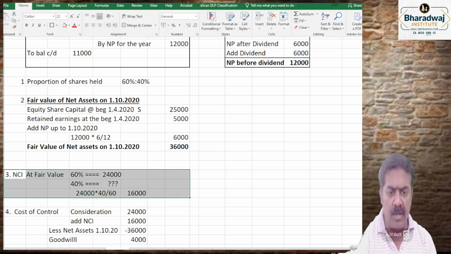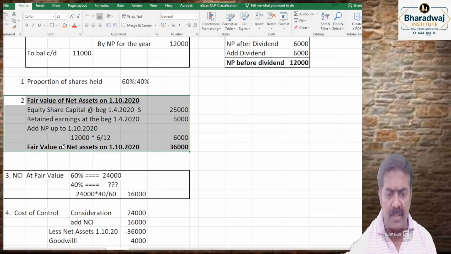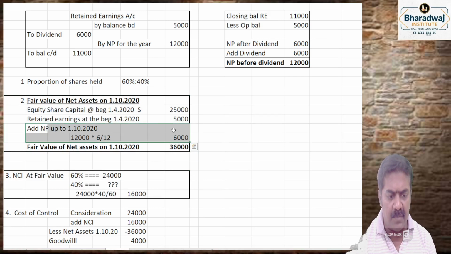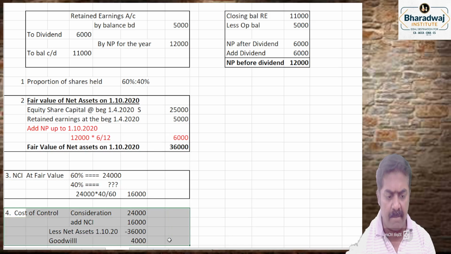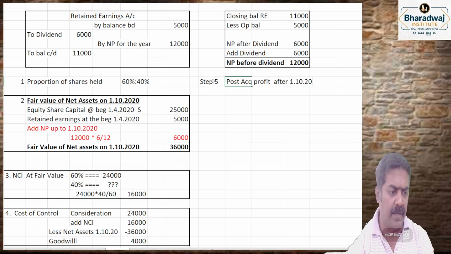Any doubt in finding out profit for the year? The first 6 months we add with the pre-acquisition period. Post-acquisition profit is simple: that is earned after 1/10/2020.